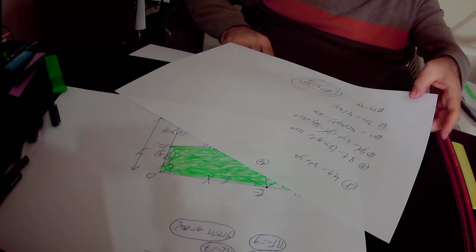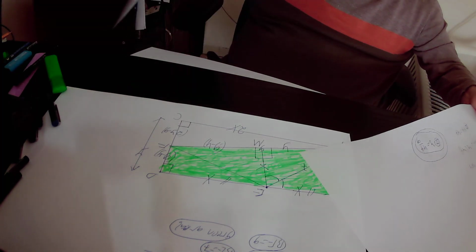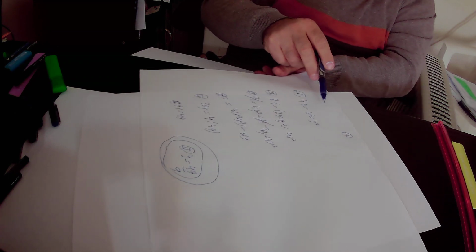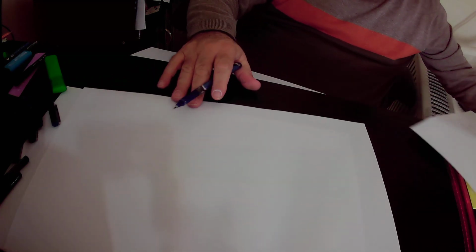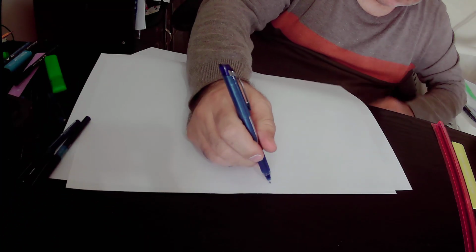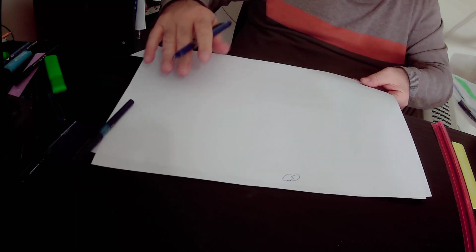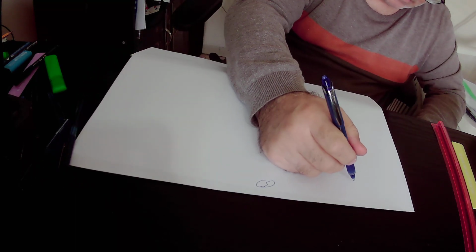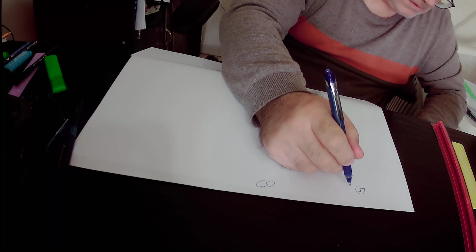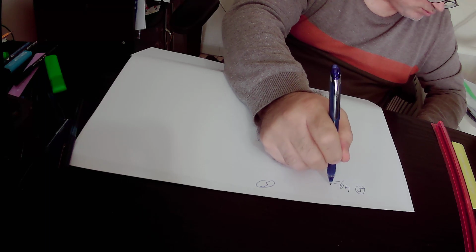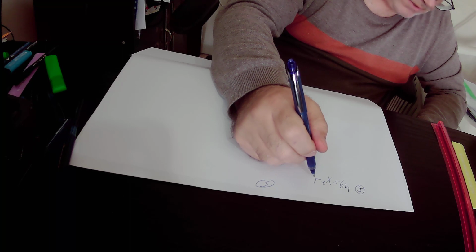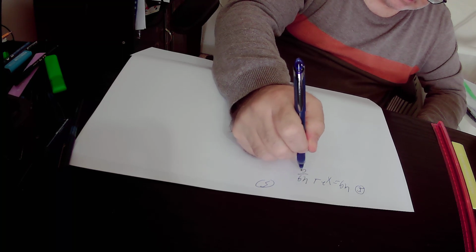So here we will put the value of y from equation number 2 in y square from equation number 1, and we will get that 49 equals to x squared plus (49 over 9) squared.